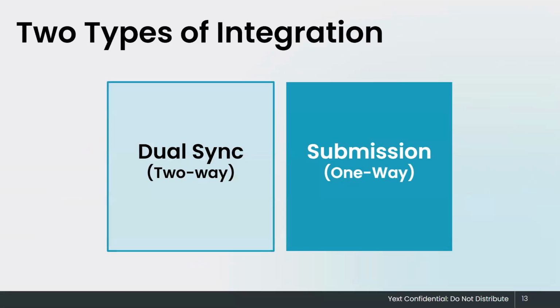So also wanted to let you know that there are 2 ways that Yext connects with, or integrates with, our publisher partners. The first one on the left-hand side is called dual sync or 2-way. What that means is Yext will send the data to the publisher and the publisher will send us a response back. There's a 2-way connection. The biggest advantage here is speed and accuracy.